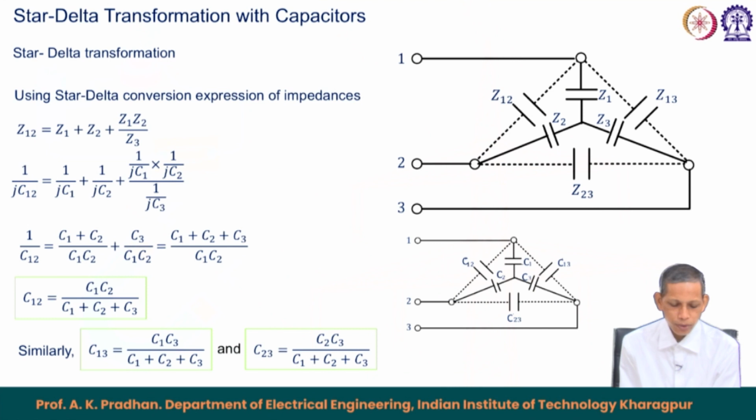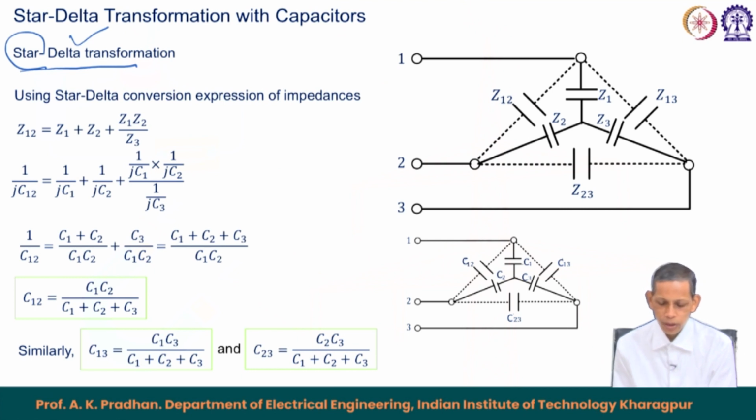Now, in a similar way we can go for the star to delta transformation, where the star is available and we get the delta. From the impedance relations we have already discussed in AC, we know that Z12 of the delta will be equal to Z1 plus Z2 plus Z1 into Z2 upon Z3. Now, with omega equal to 1 radian per second, we substitute the corresponding capacitance values, because this is only a capacitive circuit.